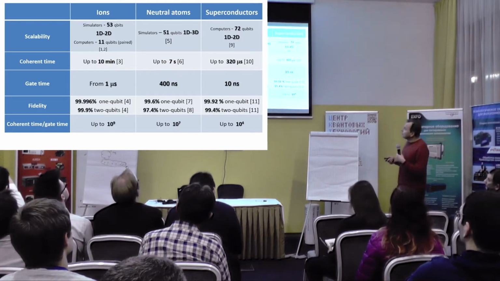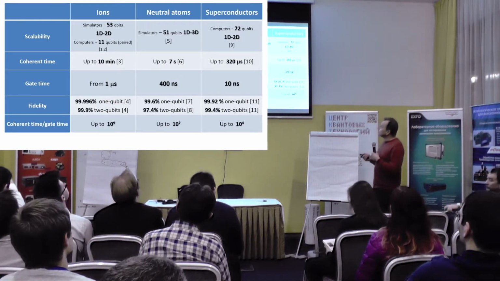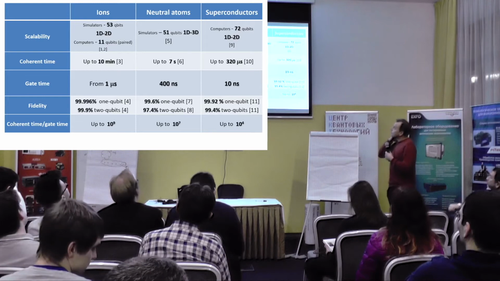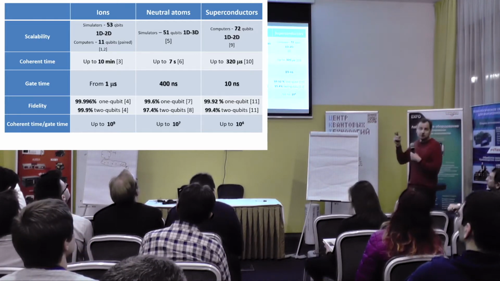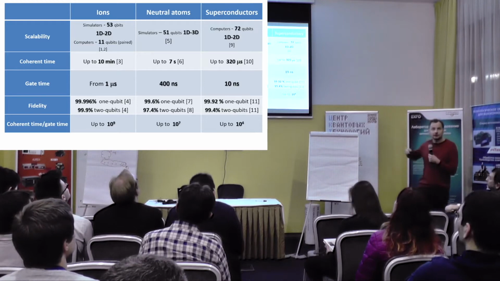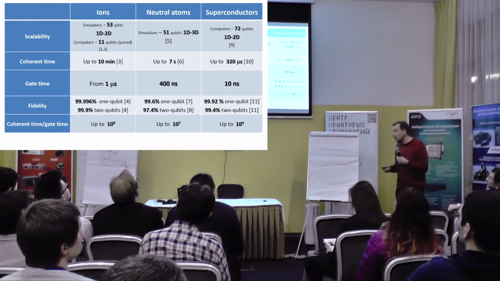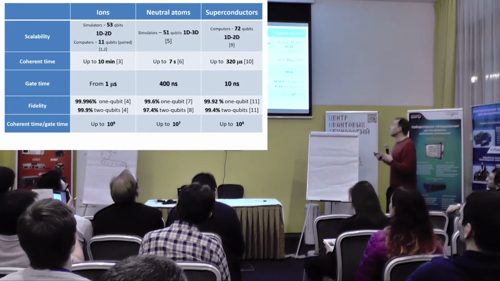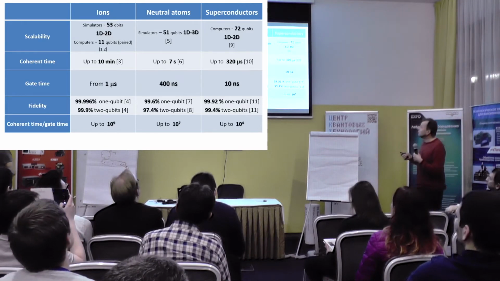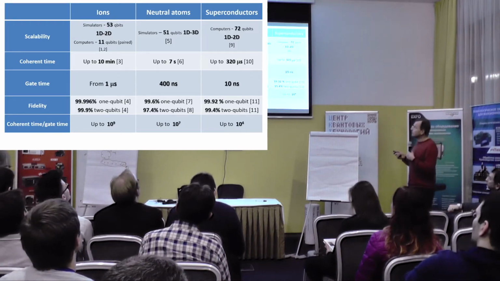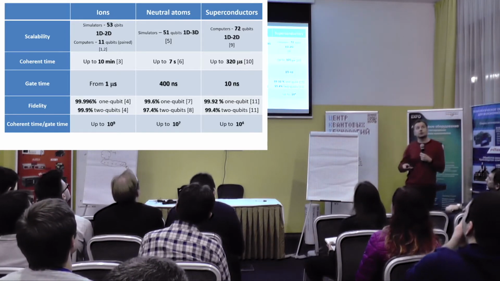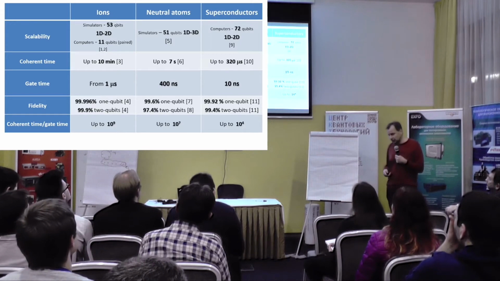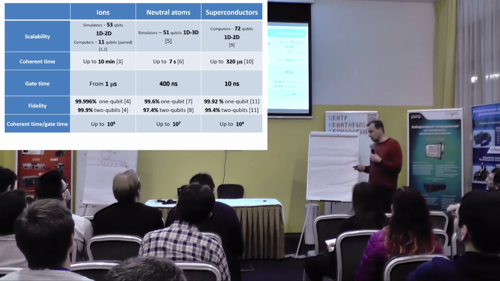If you summarize today's progress, maybe it's not up to date because everything changes very promptly, we see that ions maybe are not the most powerful platform in the sense of number of qubits, because that is one branch: you have to increase the number of qubits to have a more and more powerful system.